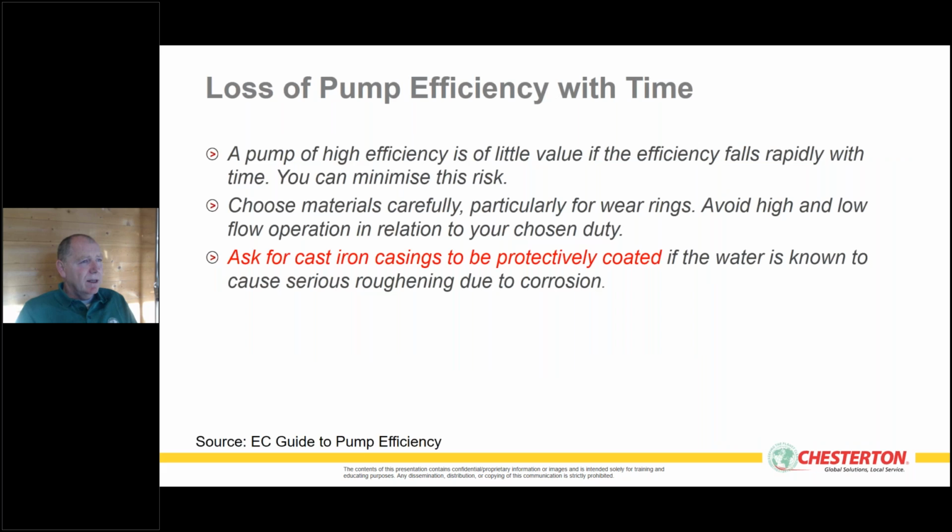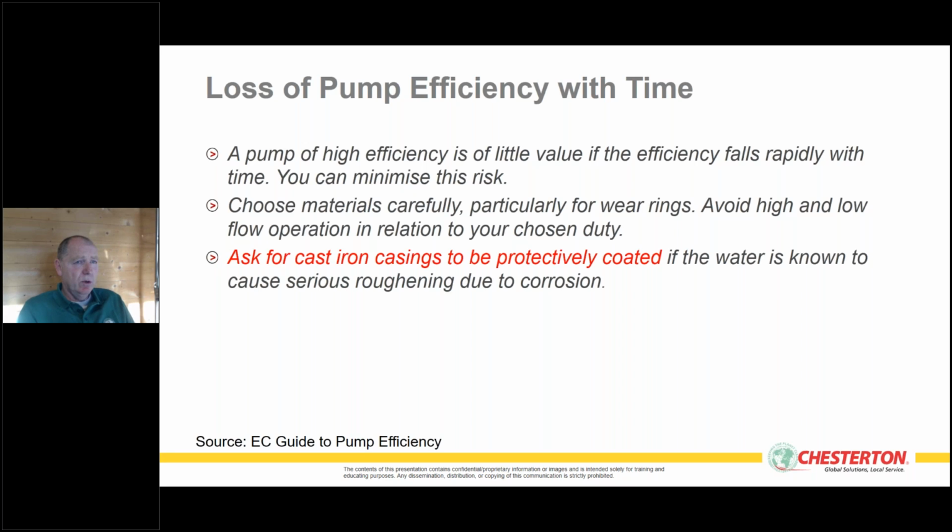So again, this is not new information, and it's not information that's just coming from Chesterton. This is well known throughout the pump industry, and there have been a lot of studies talking about pump efficiency. Here are a few points from one of the European Community Guides that says there's little point in having a high efficiency pump if it's going to lose its efficiency over time.